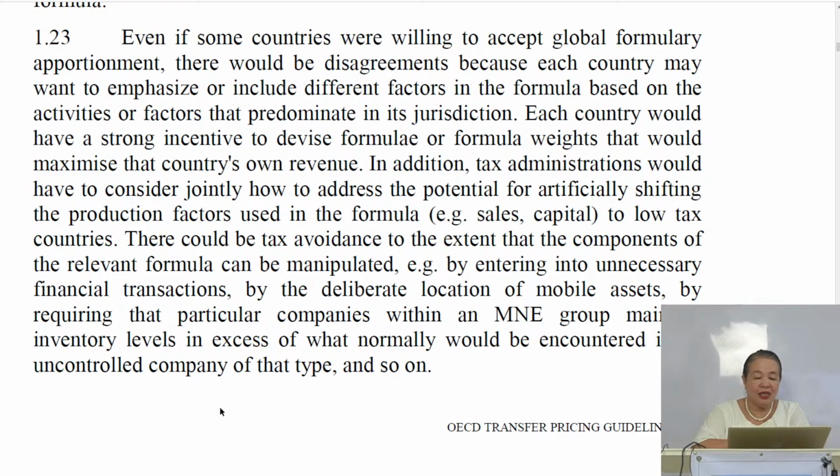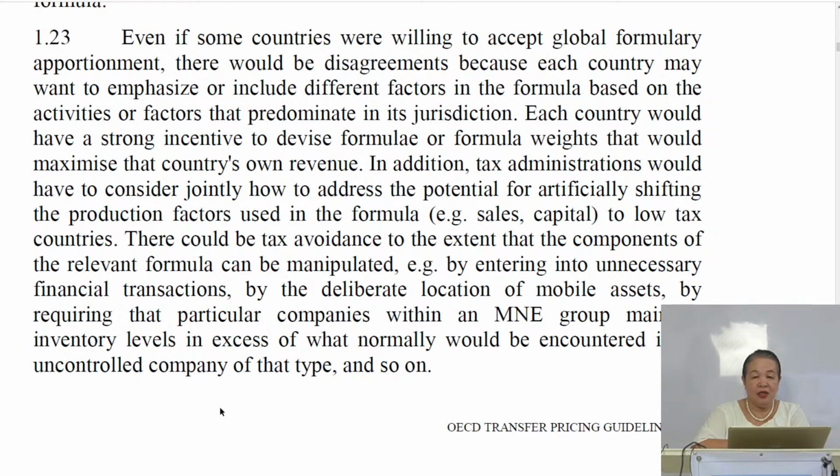Because each country may want to emphasize or include different factors in the formula based on the activities or factors that predominate in its jurisdiction, no? So magkakaroon pa rin ng dispute in the formula, in the share, halimbawa, ng tax that should be paid in one jurisdiction, especially the local or the domestic, no?